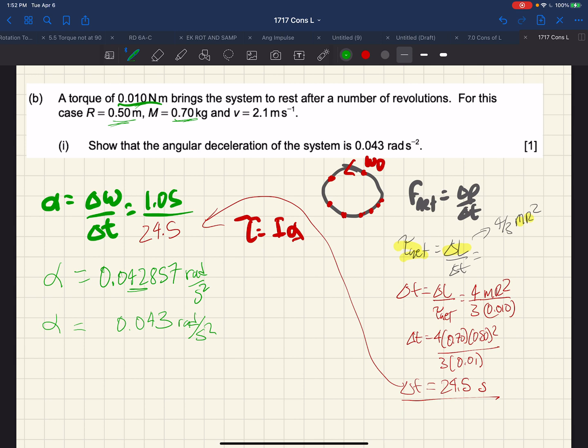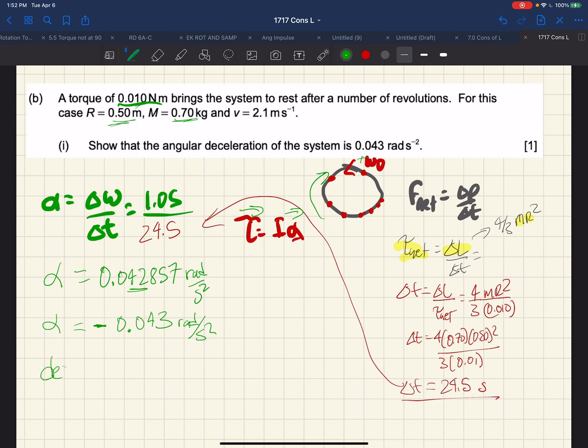And remember, this thing was slowing down. The omega is positive, but the direction of the torque is in that direction. The direction of the torque is the direction of the acceleration, which is negative. So the alpha is minus 0.043 radians per second squared. So that's the acceleration.